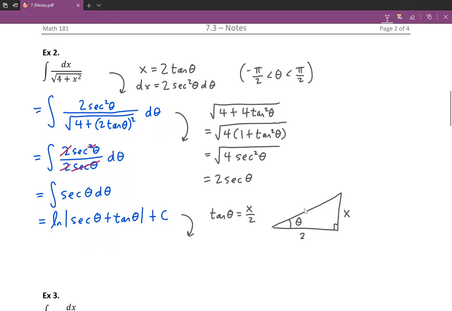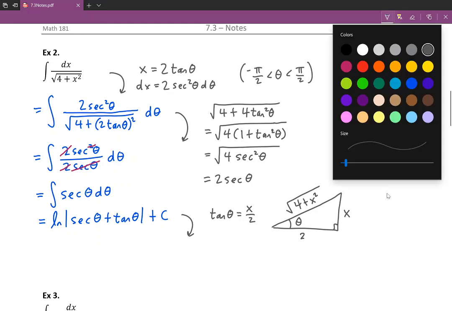And then the hypotenuse we can get using the Pythagorean theorem. So in this case, we'll get square root of 4 plus x squared, or square root of x squared plus 4. Notice that this side right here that we got is the same as this original radical that we had. That happens all the time with these trig substitutions.